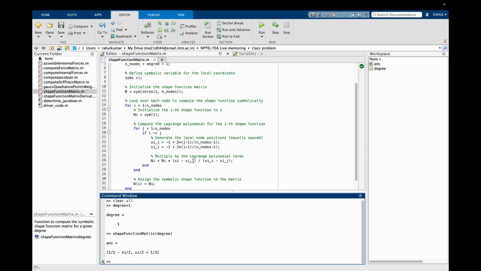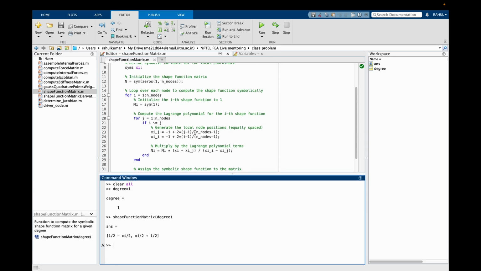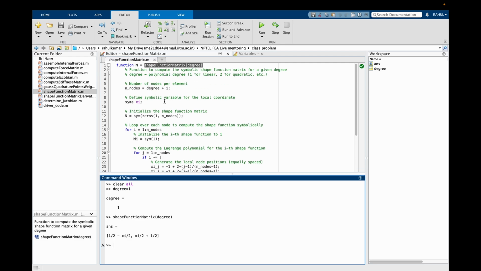So you can see that this is the shape function matrix, that is nothing but capital N. In class you already know that it should be (1 minus zeta) and (1 plus zeta) divided by 2, for polynomial degree 1. So this is the shape function matrix.